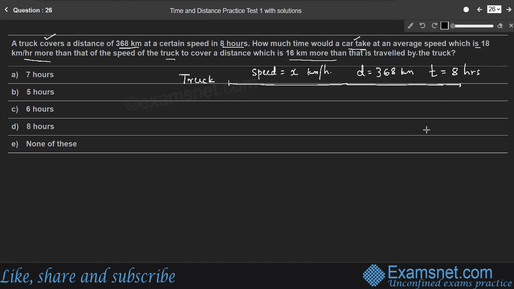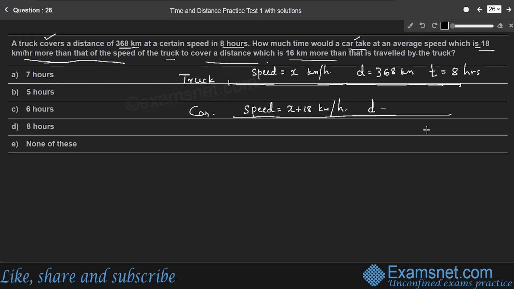And we'll consider a car moving with a speed which is 18 kilometers per hour more than the speed of the truck. So the speed of the car is x plus 18 kilometers per hour, to cover a distance which is 16 kilometers more.